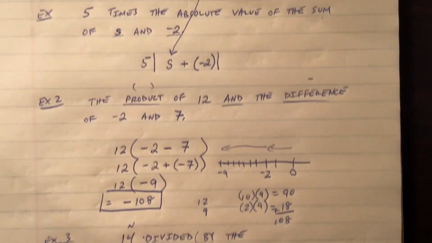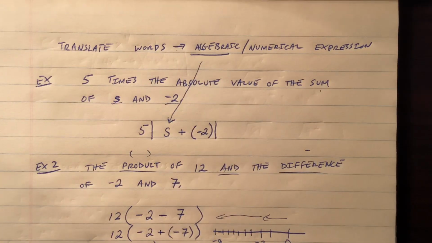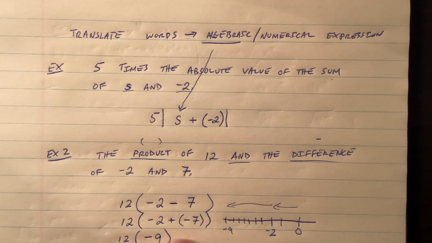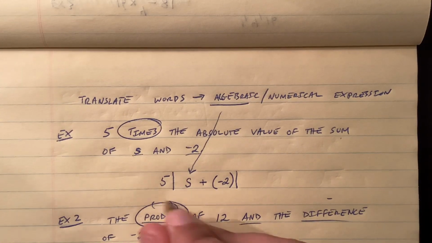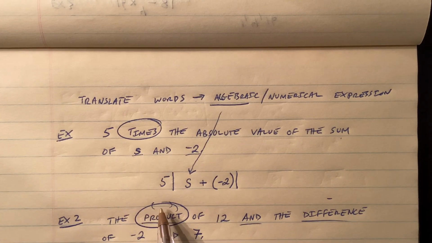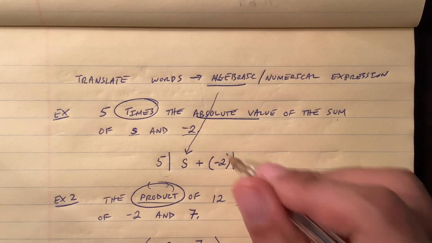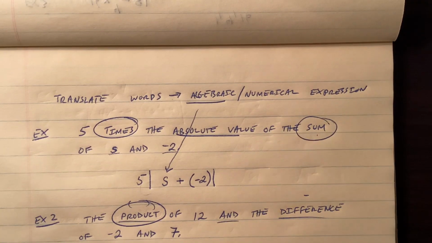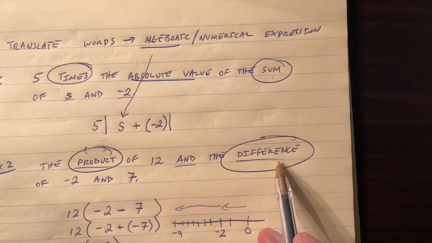All right, so this is how we go about translating words into algebraic or numerical expressions. Look for the key words. Look for words like times and product, which mean multiplication. Absolute value, we know those symbols. Look for words like the sum and difference. We have plus, we have minus.